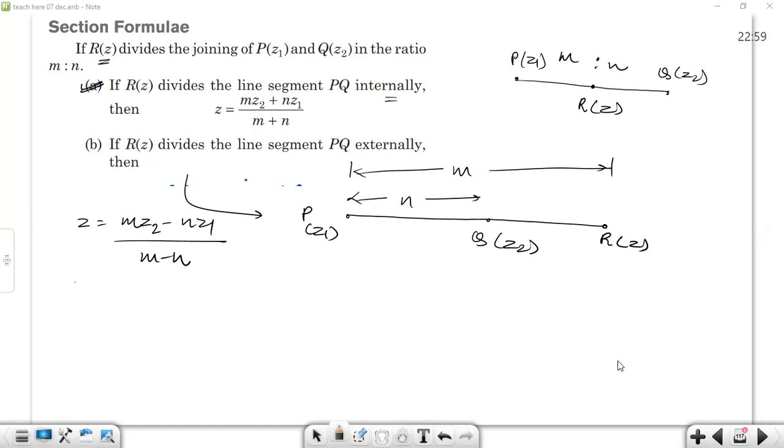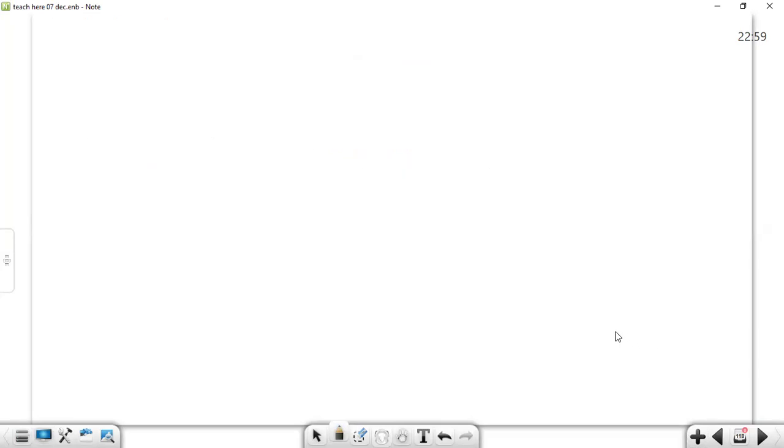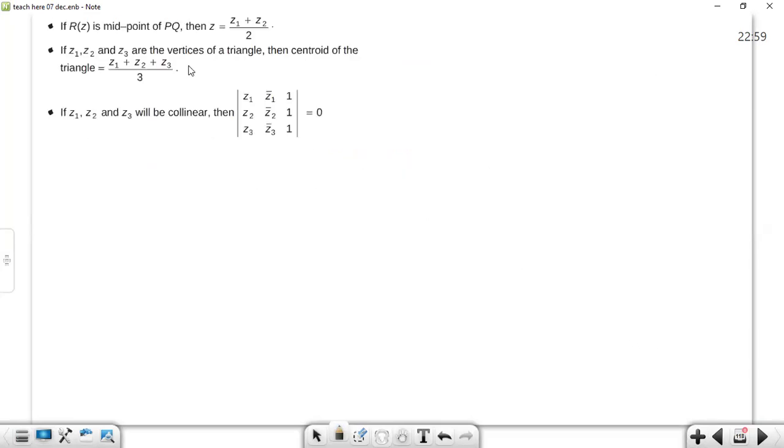The main concept is the modulus, which represents length. Okay, let's now discuss more properties.